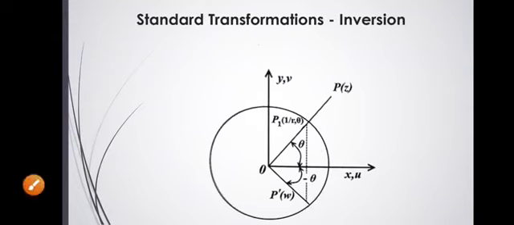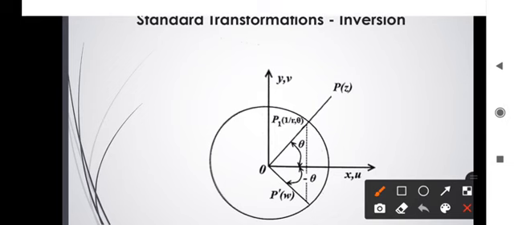Here P of Z is the original point in the Z plane, its coordinates are r and theta. Here theta is in the positive direction, so under inversion we will get negative theta, so it will be below the x-axis. Here both the planes, Z plane and W plane, are represented in only one diagram, and P1 is nothing but the reflection of this P dash.